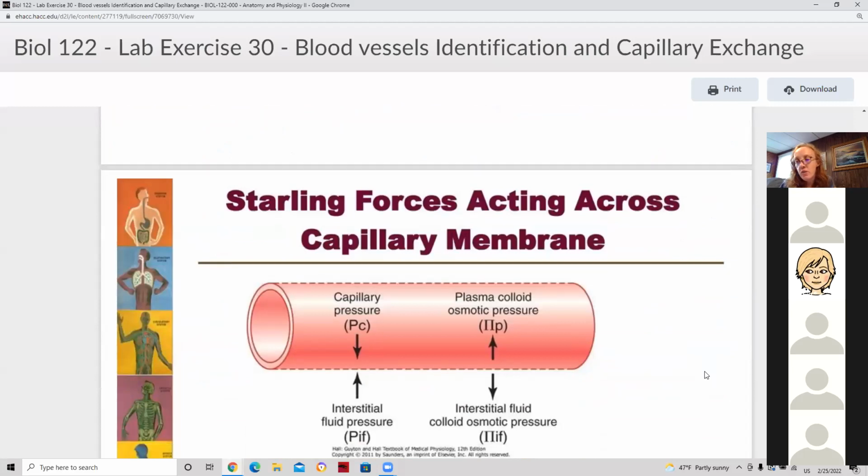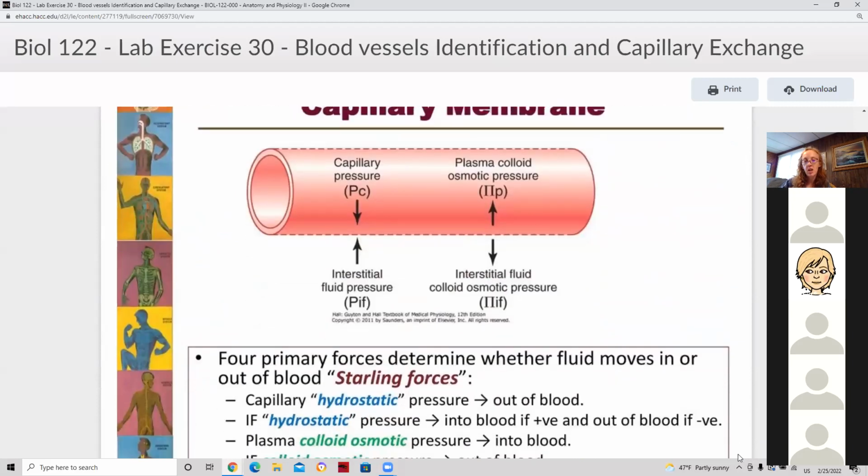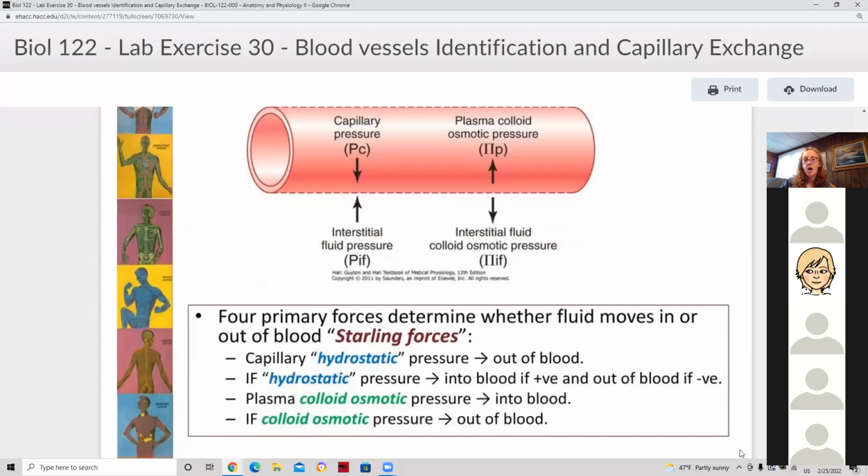When we look at fluid movement, or solutes and ions moving in and out of the capillaries, there are pressures that determine whether or not fluid moves in or out. These are called the Starling forces. There's a capillary hydrostatic pressure.